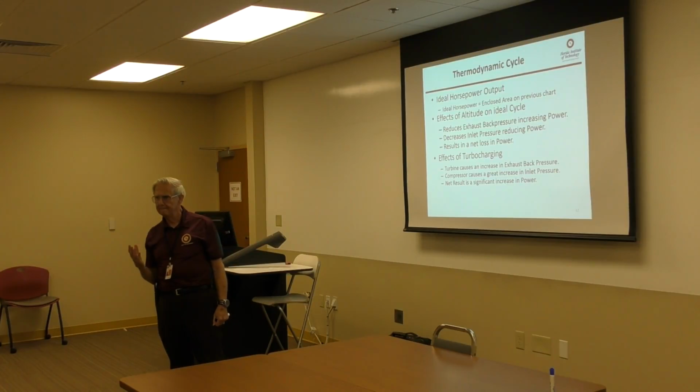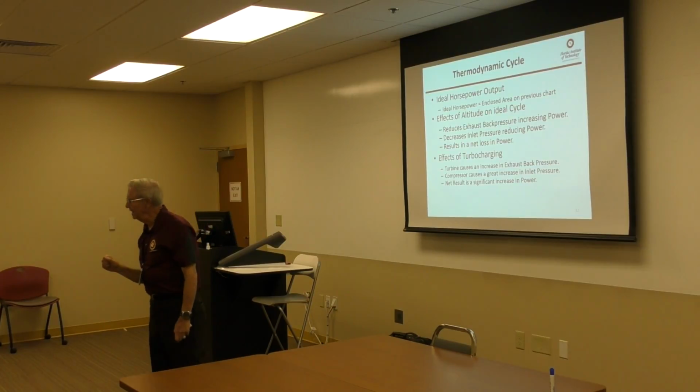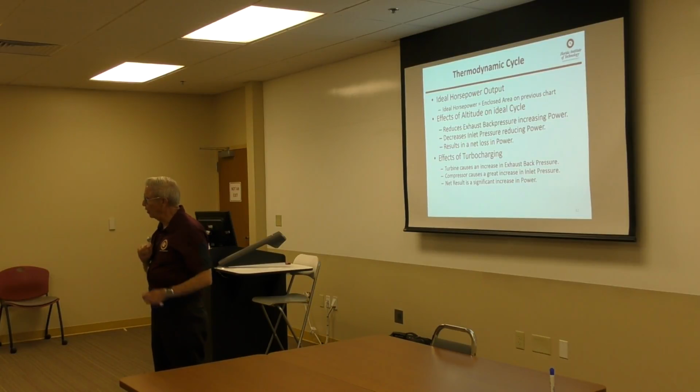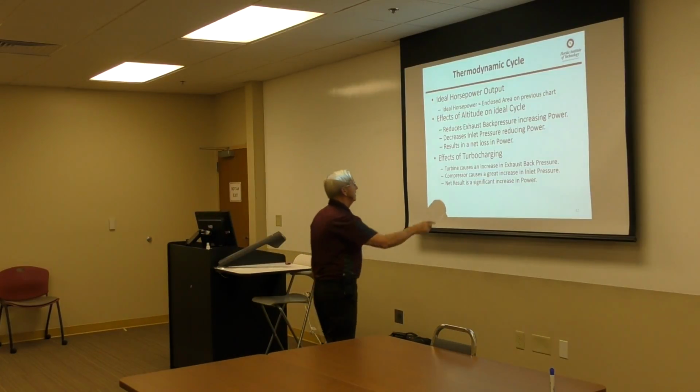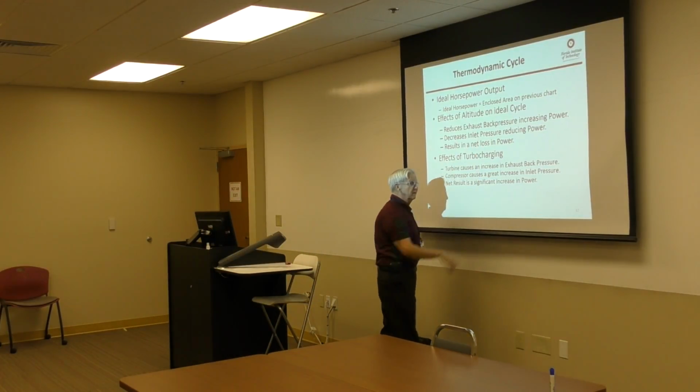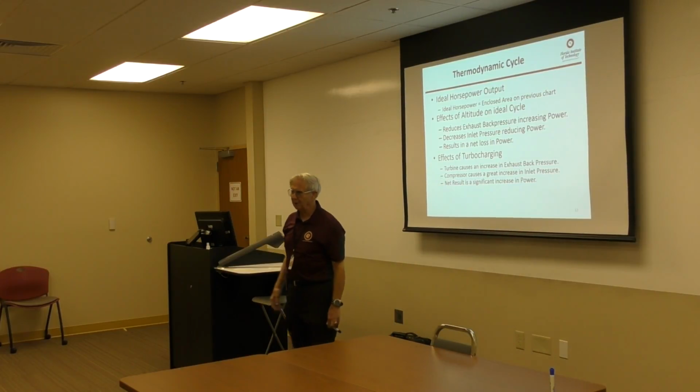But if we can maintain a manifold pressure at sea level and at altitude that are the same, the power at altitude will be greater because it's working, doesn't have to work as hard against that back pressure.